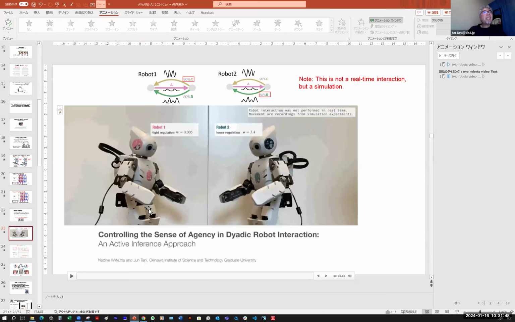The first setting is that this robot has the multiplier W set very small, this one is large, and these two robots interact.